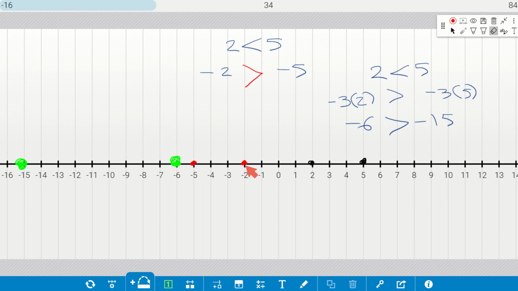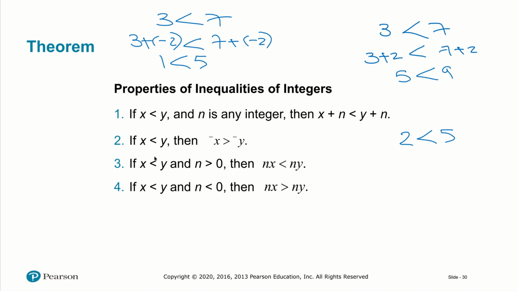Visually speaking, of course, it's very easy. If you're given two different numbers on the number line, the one on the right is always larger than the one on the left, right? So that's the easiest way to tell which number is larger. All right, so that's that. Let's move on. All right, so this we already covered. The next one says if x is less than y and n is greater than 0, then you don't change the direction of inequality.